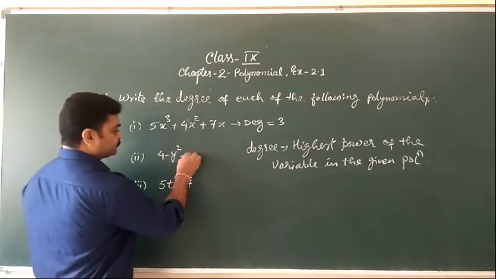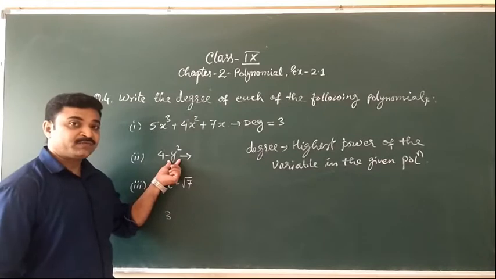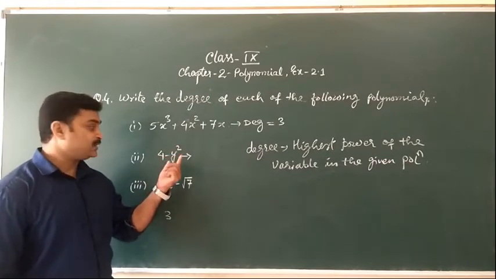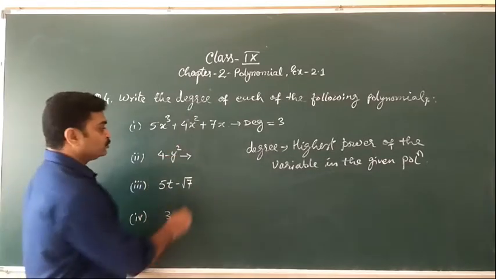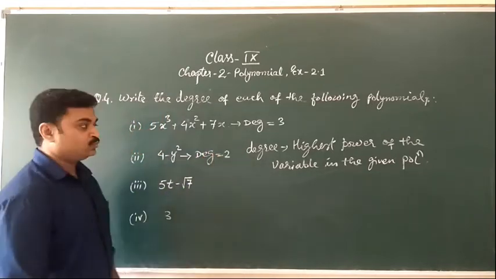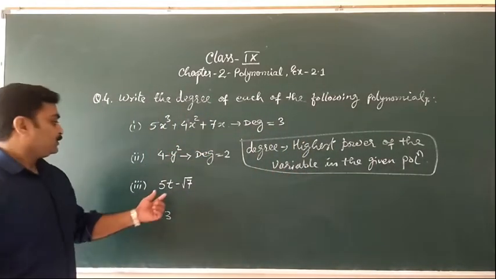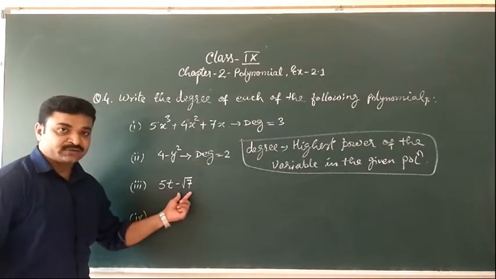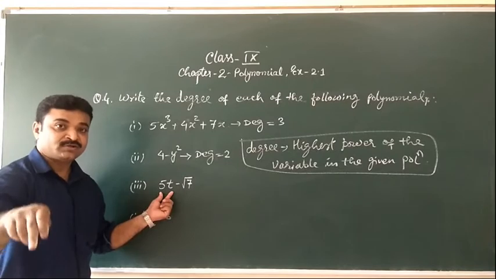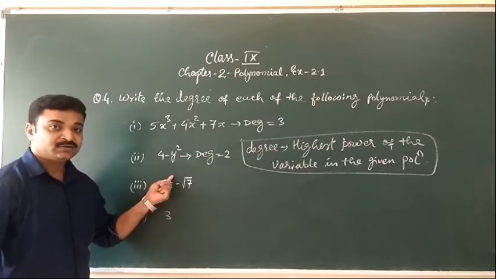In this question, variable is y and it is a single term y with power 2. So degree is 2. Here 5t minus root 7. t is also a variable, and this variable t has the power 1.